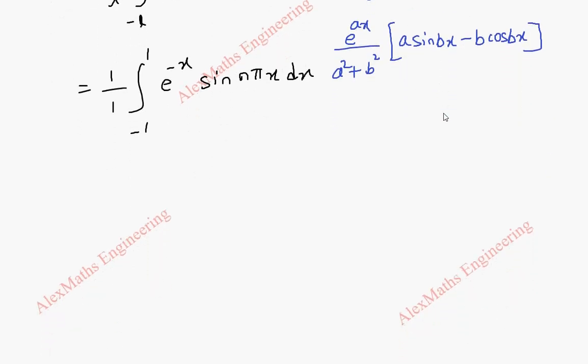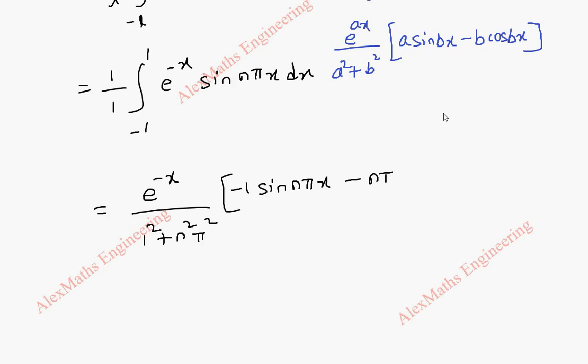So now using this formula, it is e power minus x by 1 square plus n square pi square, because a is minus 1, b is n pi, then a sin bx, that is sin n pi x, minus b, n pi, into cos n pi x, and we have a limit from minus 1 to 1.